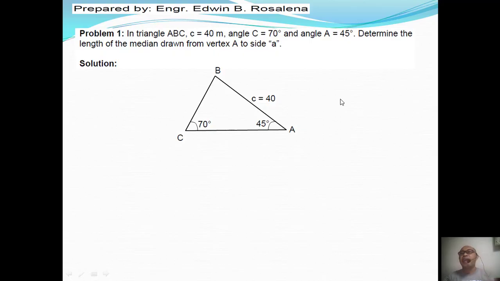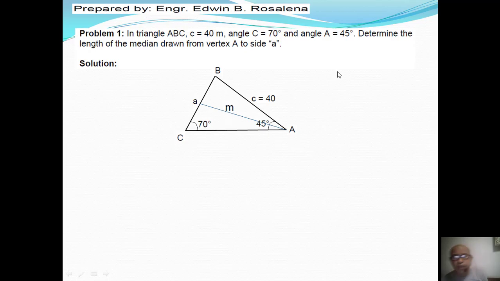So, if we recall, a median is a line segment drawn from a vertex to the midpoint of the opposite side. If I draw the median here, this point bisects a, no? So this is a over 2, and this is also a over 2. So, what is the length of the median m?